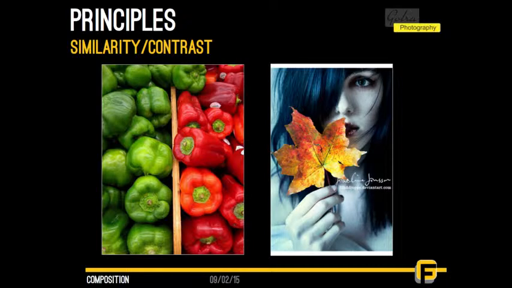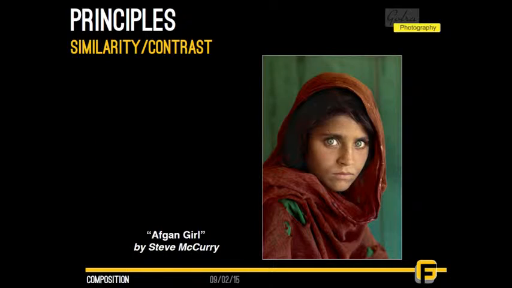So you are breaking it with a contrast here. This image is a famous image by Steve McCurry, the Afghan girl. You can see there is a similarity of the background, greenish and low saturated, like her clothes, but her eyes are breaking the similarity with contrast.